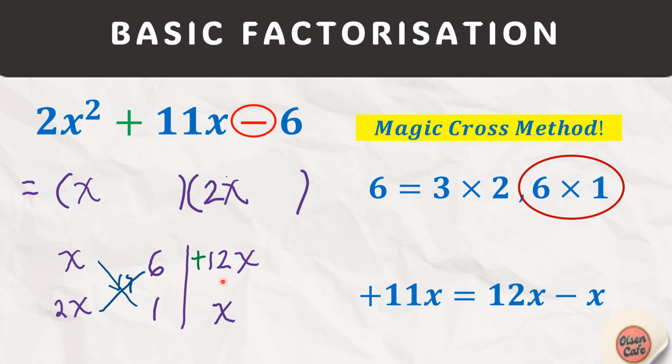So therefore the plus sign will be with 12x. So if this is plus, then x here will be negative. So once I have this, I will know that the plus sign will follow 6 and the negative sign will follow 1. So with all this, I put the sign in here. That is when I get x plus 6 and 2x minus 1. So this is done with practice and it can be done very easily.